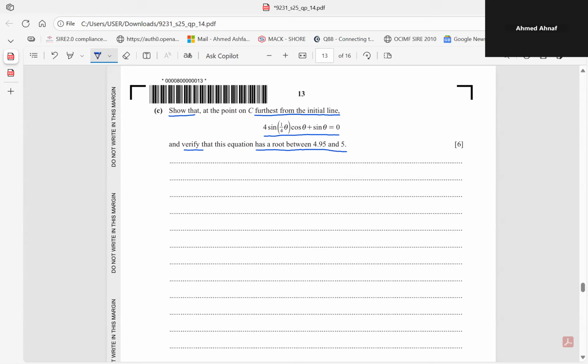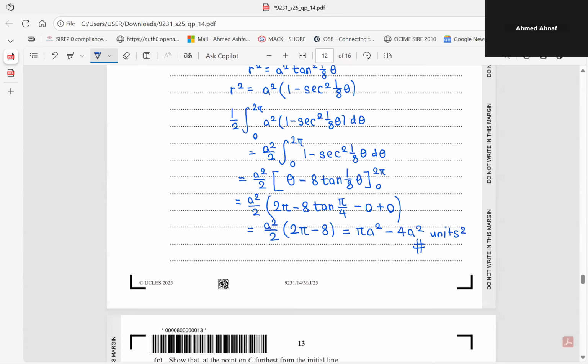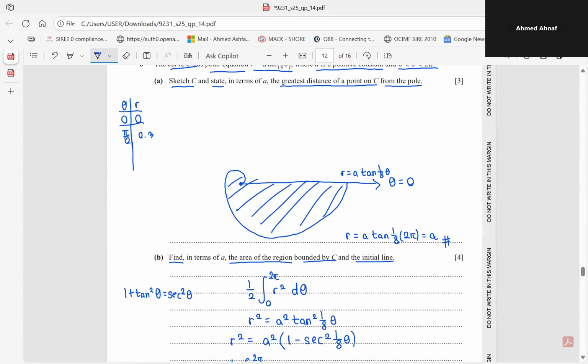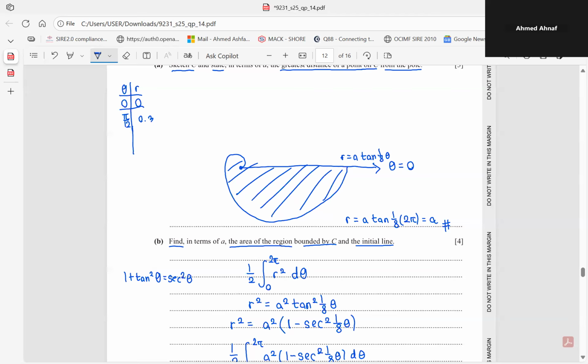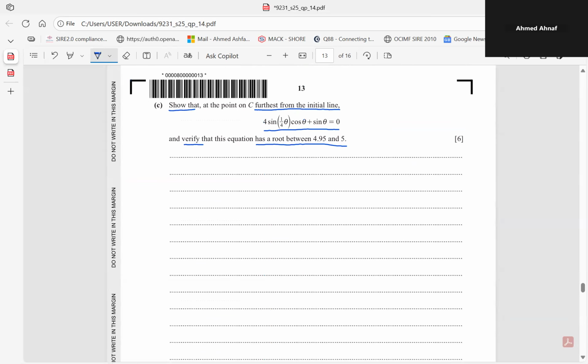What do they mean by the point furthest from the initial line? Let's take a look at our graph. This is the initial line, and the point furthest from it has the largest vertical displacement from the initial line. In the Cartesian plane, this is basically like the biggest y value or the smallest y value.